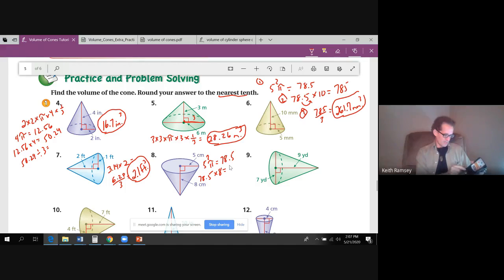Let's figure out what that is. It's going to be 628. That's step 2. Okay, and then step 3, divide that by 3. So 628 divided by 3 is going to be 209.3. And this is cubic centimeters.